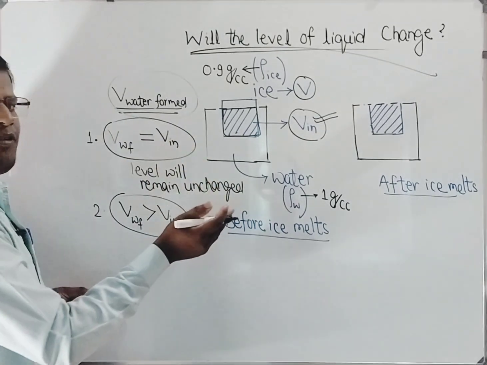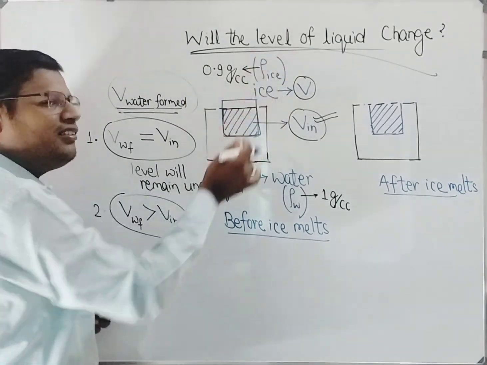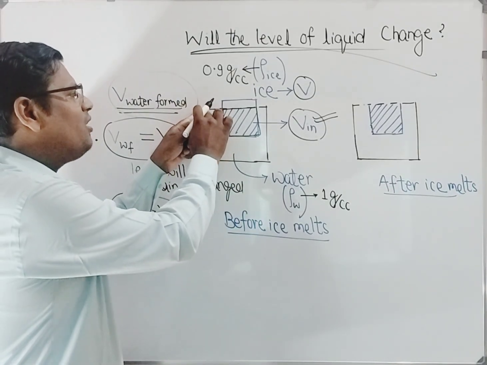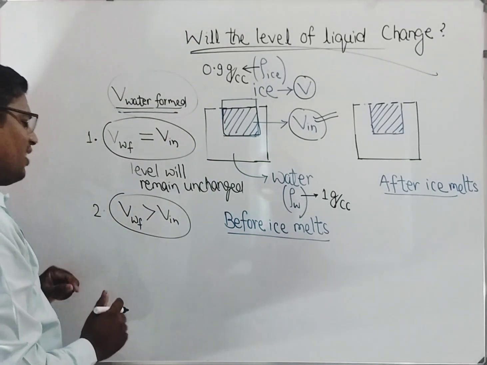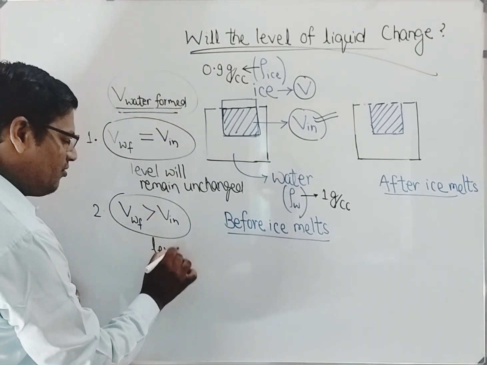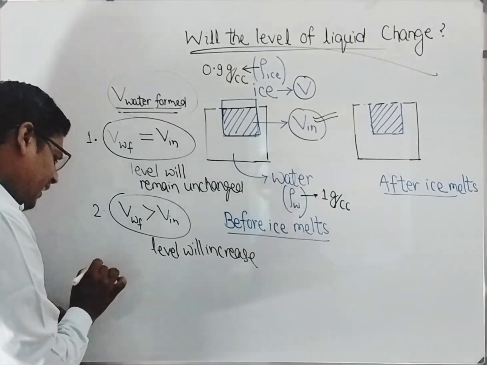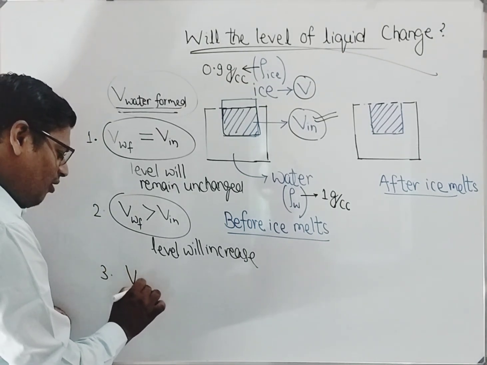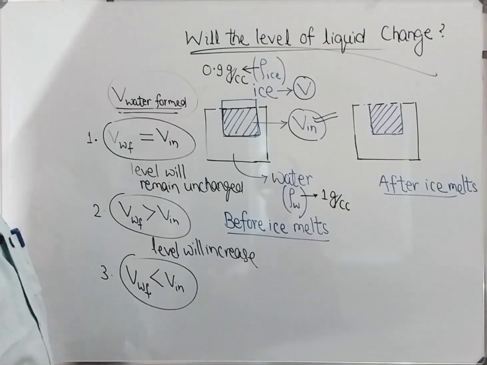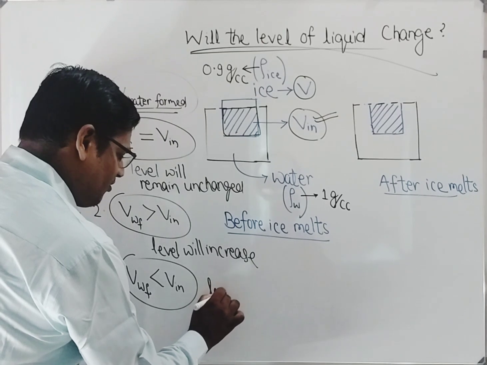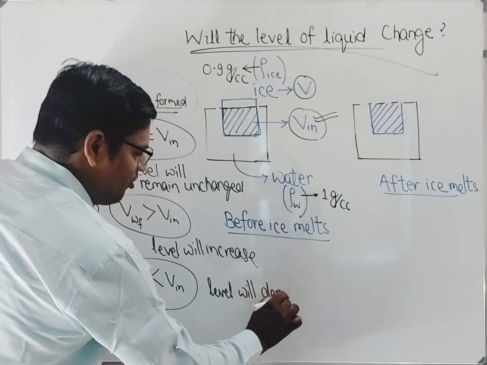Or if the container is a bigger one, or if the liquid is not up to the maximum height of the beaker, then it won't overflow, but the level will increase. And if the volume of water formed is less than V in, then the level of the liquid in the container will decrease.